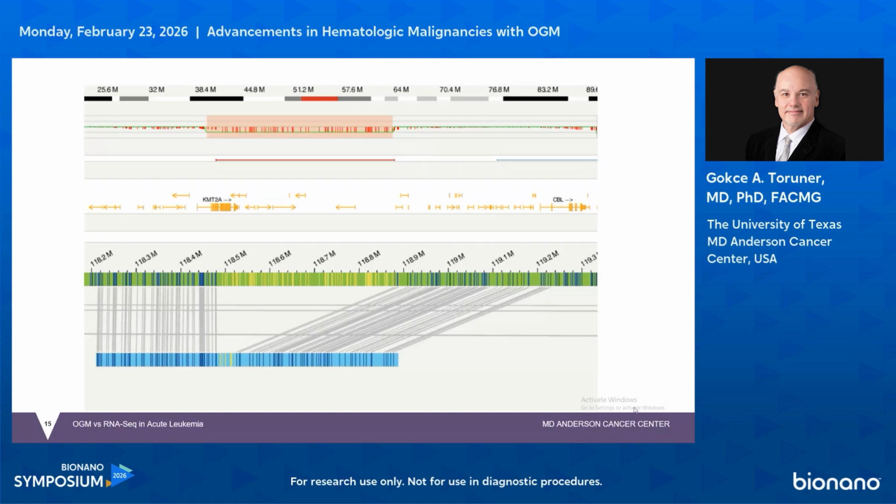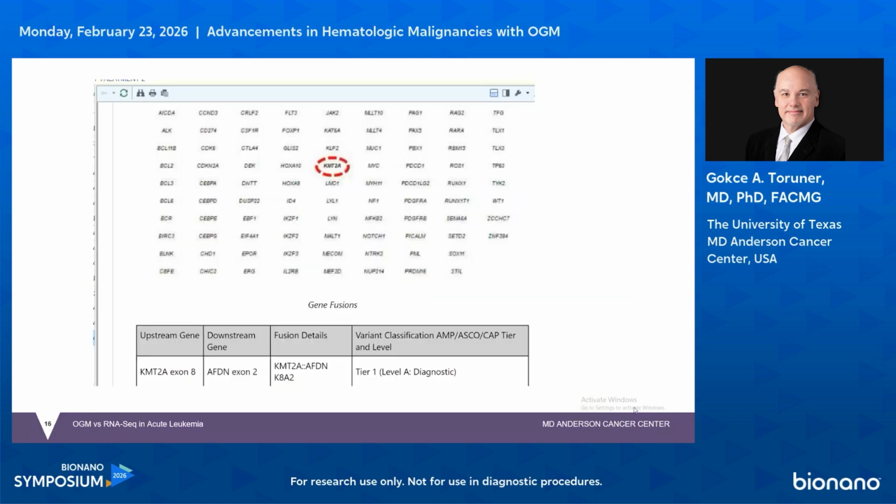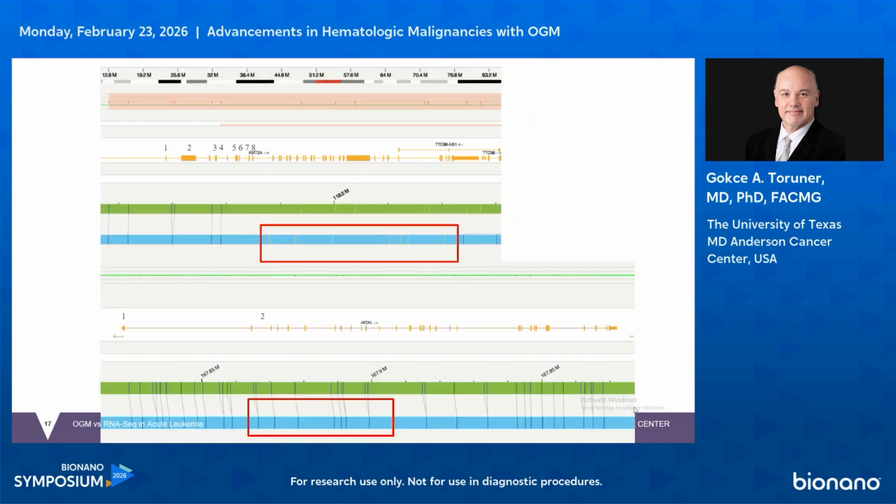So we looked at the underlying reason for that. And for this gene, a KMT2A AFDN fusion was the underlying aberration. So when we manually align those yellow stripes, which were not mapped to any region, it was perfectly aligning manually with the pattern in the AFDN gene, which you can appreciate by the red rectangles in upper and lower panel.